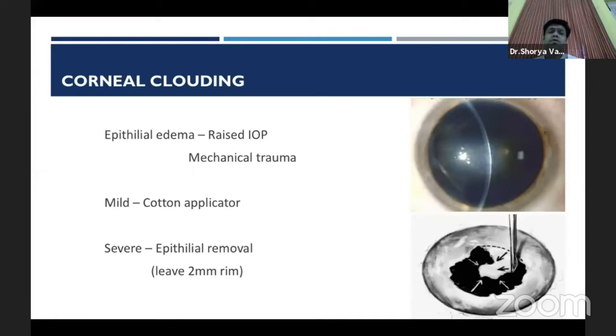While doing the surgery, you might find corneal edema, which can interfere with your viewing, and this is mostly due to epithelial edema. Raised IOP is one of the most common causes. It can be taken care of with a cotton tip applicator, and in severe cases, you might need to remove the epithelium.